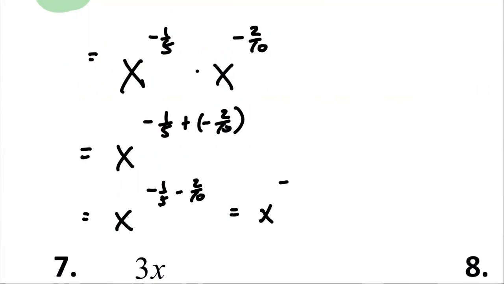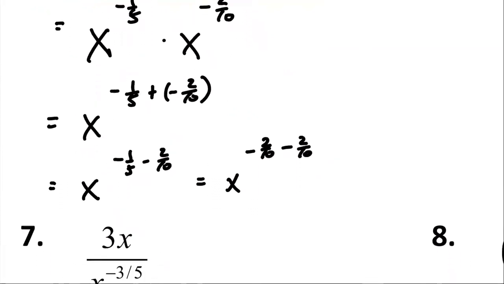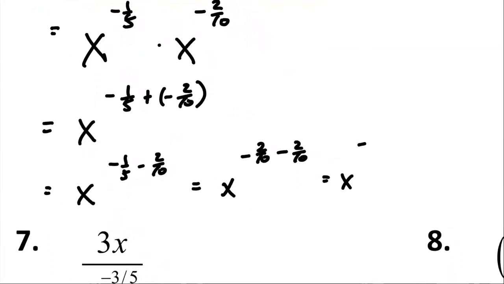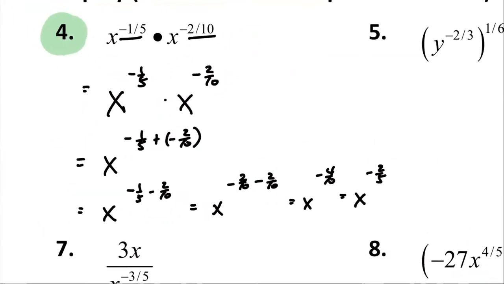So you have to do negative 2/10 minus 2/10. What's negative 2/10 minus 2/10? Negative 4/10, which becomes negative 2/5. Now, one thing that we usually don't want is to leave the negative exponents in the final answer. The reason is people may forget about it.